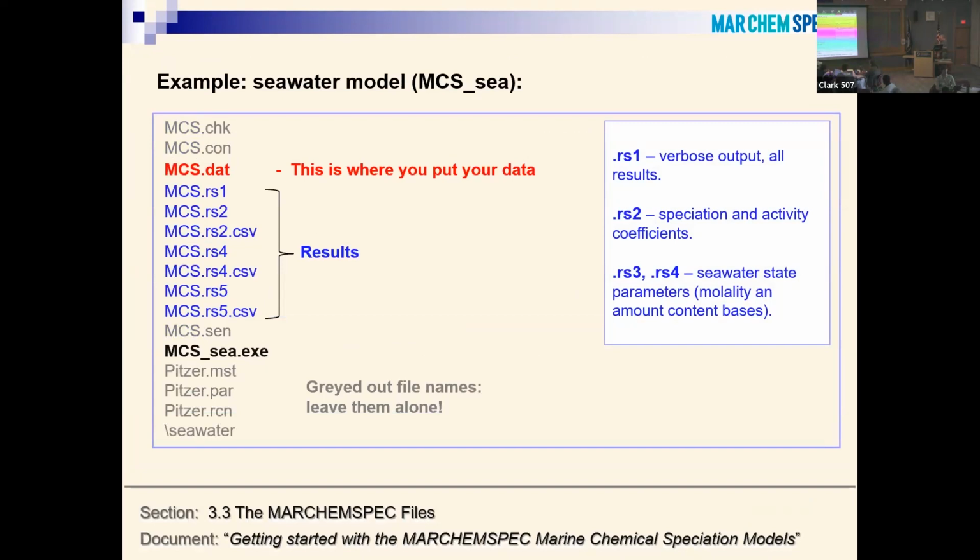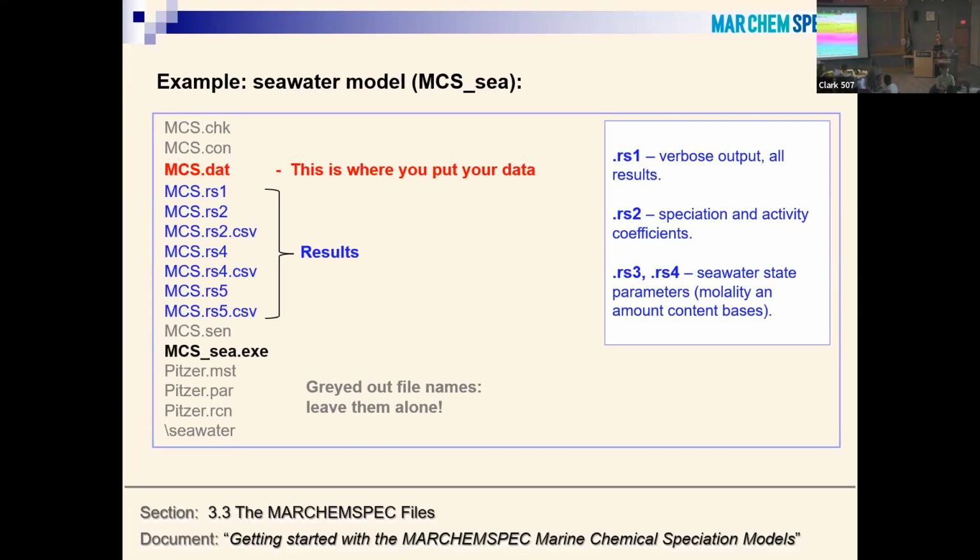So you go to the directory that you downloaded with all the files in, and you think, my goodness, that's a lot, and they all seem to have almost the same names. So what are they? The most important are just a handful: MCS_DAT, where you put your data; and the executable program, which on a Windows computer will be MCS_C.exe.